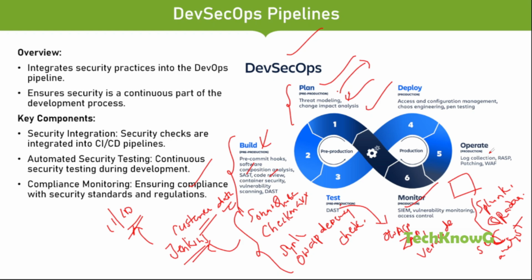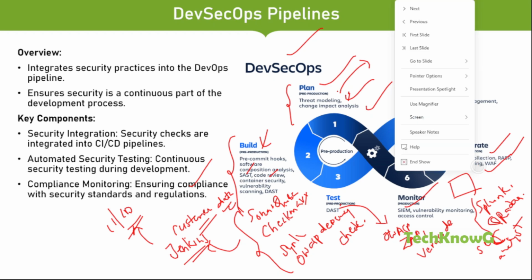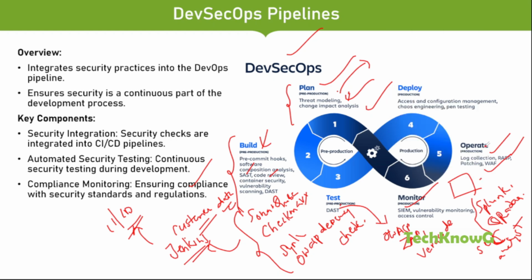Then log collection, RASP tools, and patching tools. In operations we can use Ansible, a tool used for patch management and configuration management. A patch is needed whenever you have an issue and must fix all applications. How can we do it on all servers at a time?